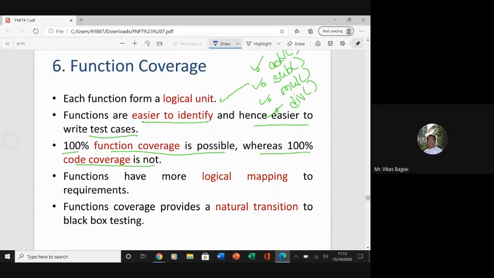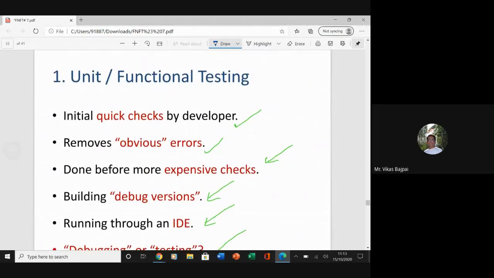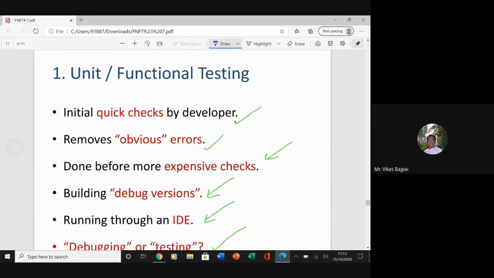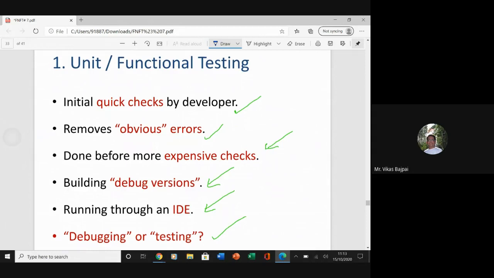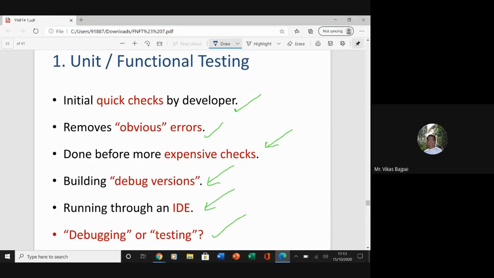Since we talked about function coverage, we can talk about unit or functional testing, where the initial quick checks are done by developers, and we remove some obvious errors, just before the expensive checks.